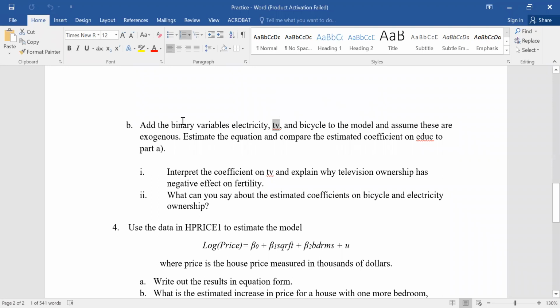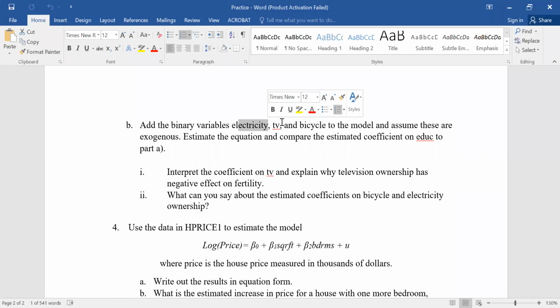So I'm going back to the regression. I'll add electricity. Please remember electricity, TV, and bicycle. We believe that this is rural data. So a household possessing a TV, electricity, and bicycle may affect fertility, the number of children they have. So we go and include them.